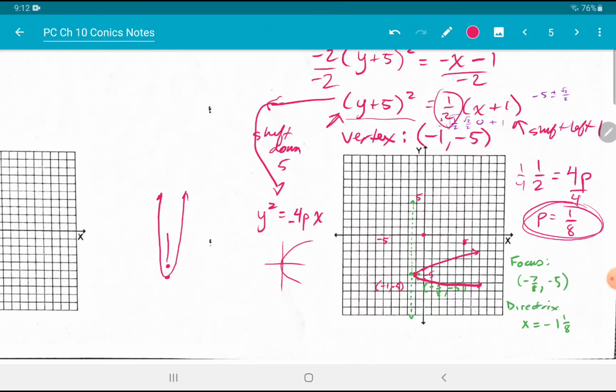As that focus comes outwards, it's kind of relaxing that parabola, and so the further the focus is from the vertex, the wider your parabola will become. So just an interesting fact to be aware of: the closer your focus is to the vertex, the more slender your parabola will be. The further your focus is from the vertex, the wider your parabola will be.